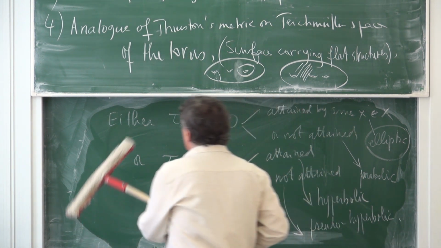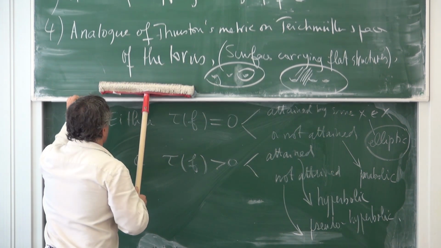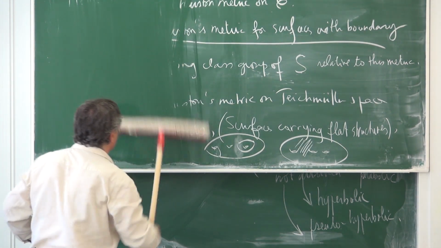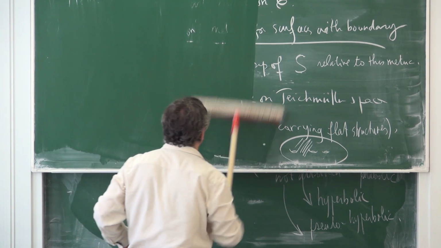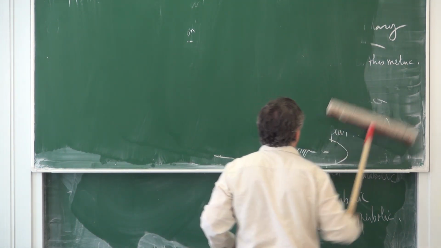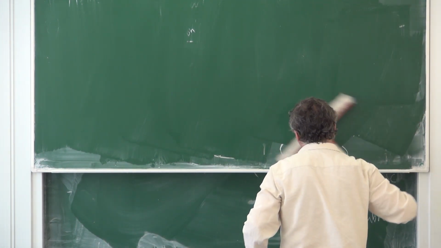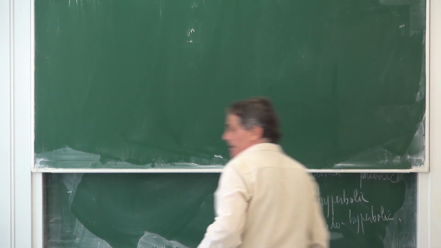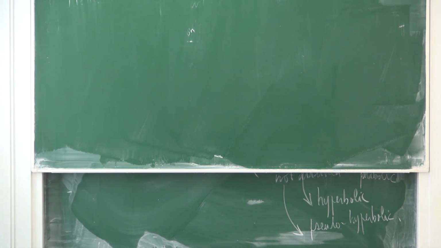In fact, number 4, I will do it next time, because it's time for lunch, and especially it's time for my nap. So let me give you these statements here.